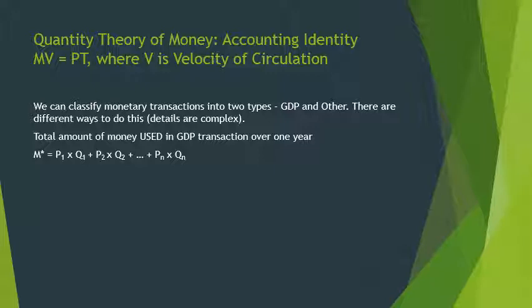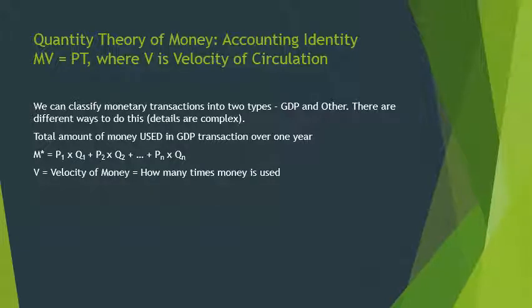We just take all of the transactions, thousands, millions of them, and add all of the money that was used in each transaction separately, and we get the total amount of money used. And these transactions are all the ones that contribute to GDP. So M star is equal to P1 times Q1 plus P2 times Q2 plus Pn times Qn, where n will be a very, very large number, all of the transactions in the whole economy for the whole year.